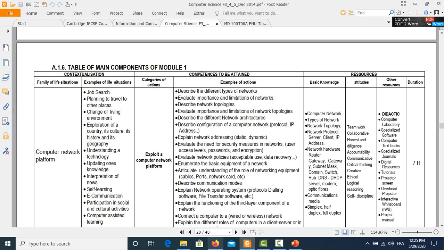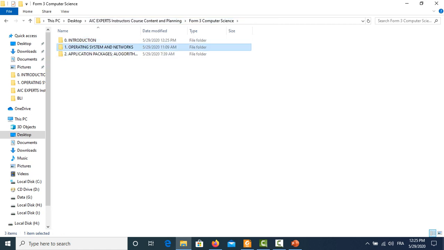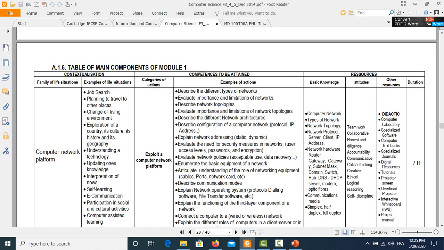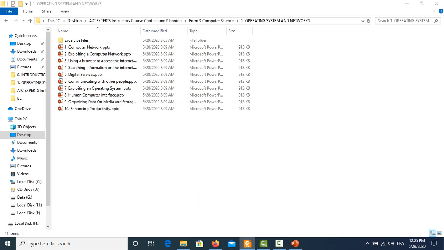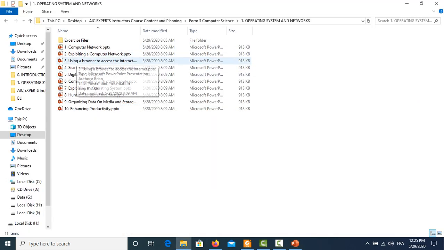So the same thing, if you go into my module 1 now, I'll handle all the various lessons. As you can see, for example, what is a computer network, exploiting a computer network, you're going to see that in my folders, exploiting a computer network using a browser.